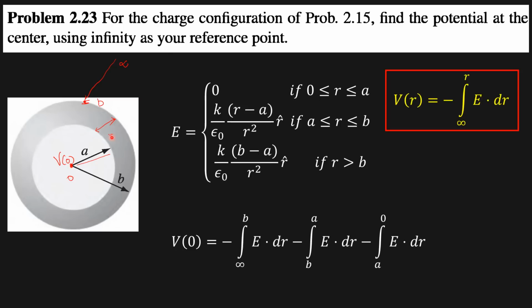Then from this point, between the outer surface and the inner surface, that is between b and a, minus the integral from b to a of E dot dl.